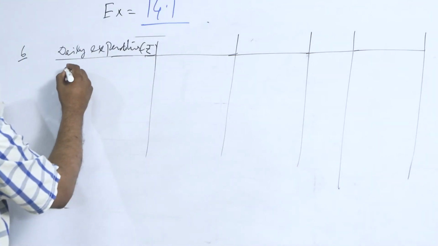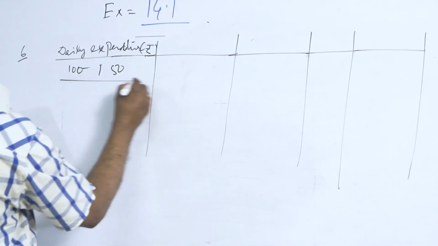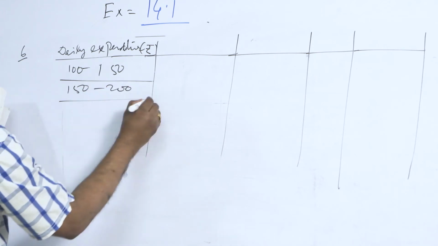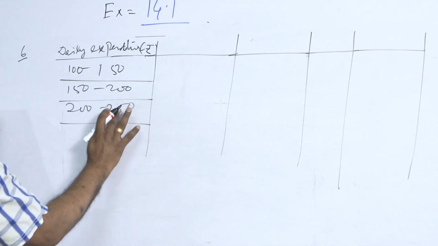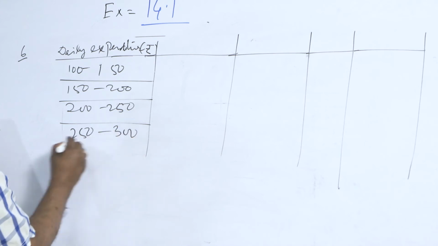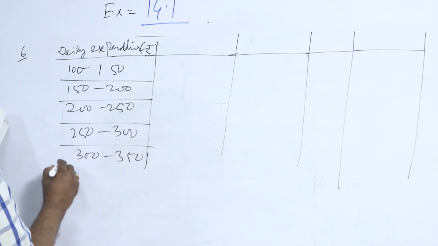So daily expenditure is given as 100 to 150, then 150 to 200, 200 to 250, then 250 to 300, then 300 to 350, clear?